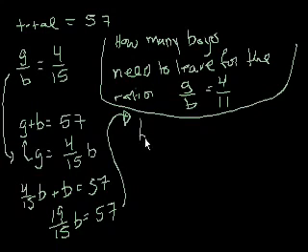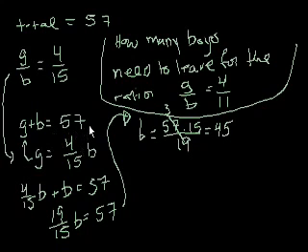And then we say b is equal to 57 times 15, all of that over 19, right? I just multiplied both sides by 15 over 19. So 57 divided by 19 is 3. So b is equal to 45.